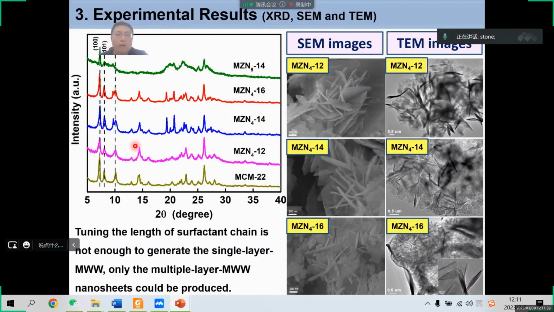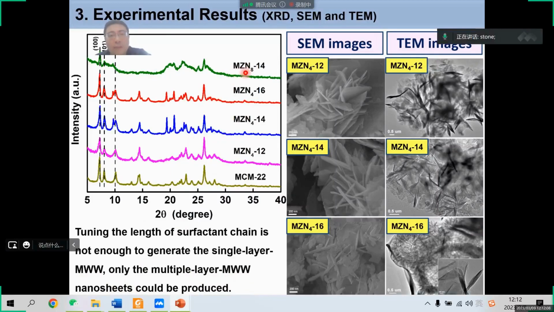So from this XRD pattern, we will find that MZN4 exhibits a similar XRD pattern to the conventional MCM-22. It means tuning the chain length of the surfactant is not enough to generate a single layer MWW zeolite, and only the multiple layer MWW nanosheet could be produced.